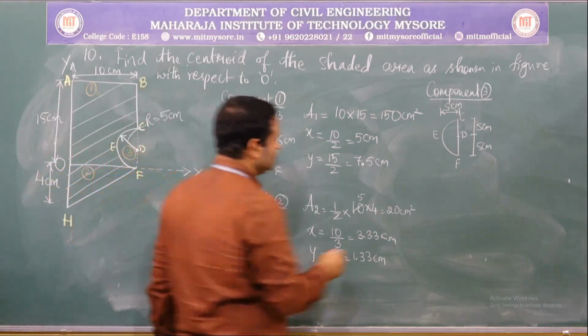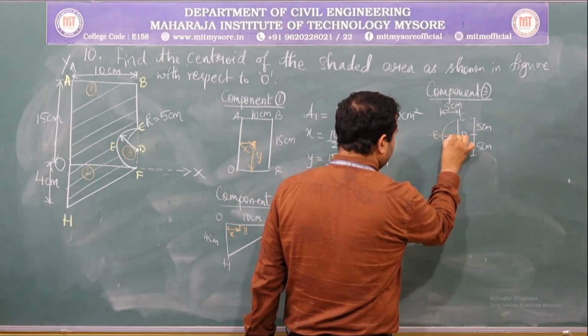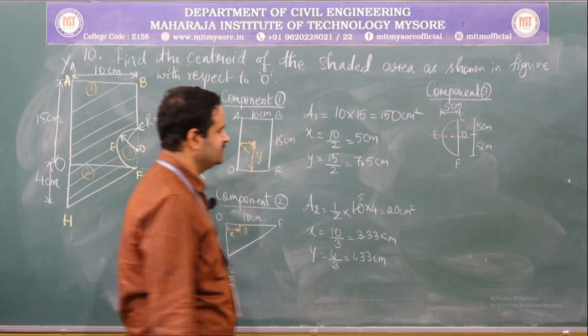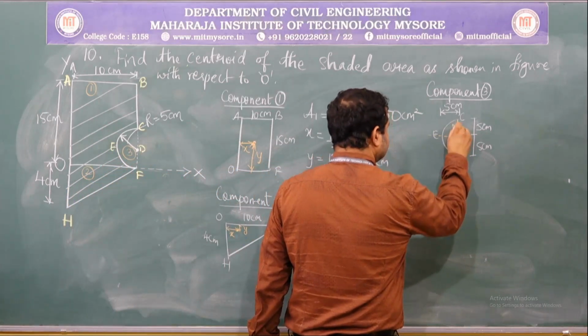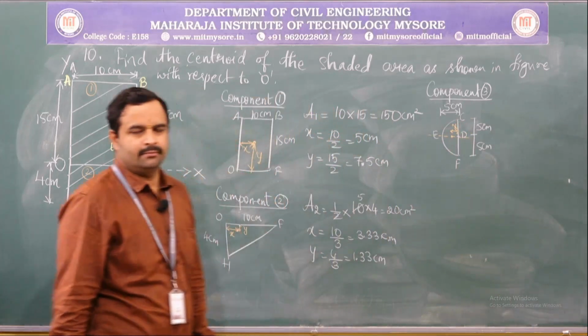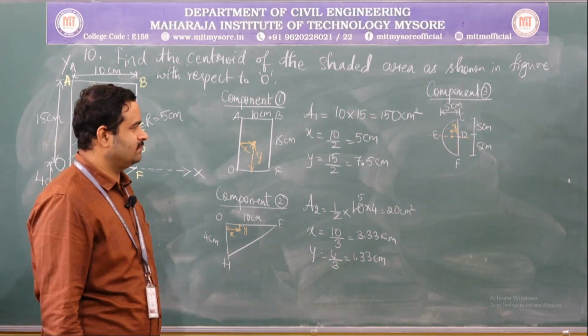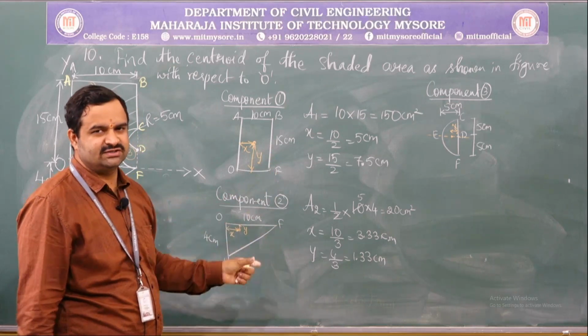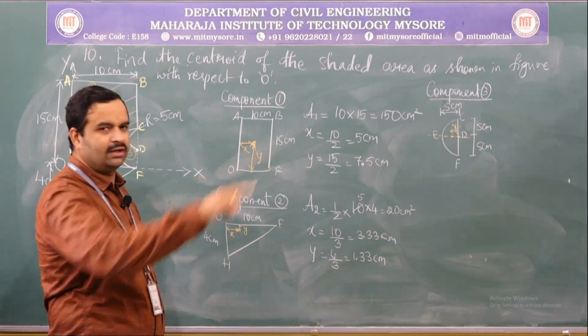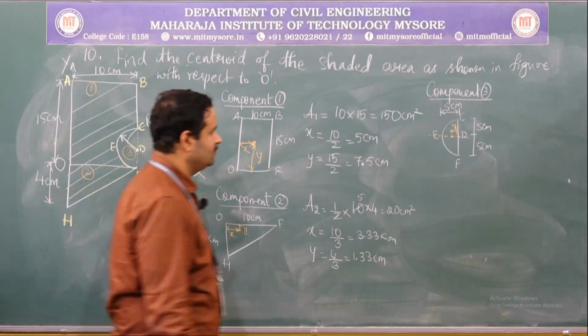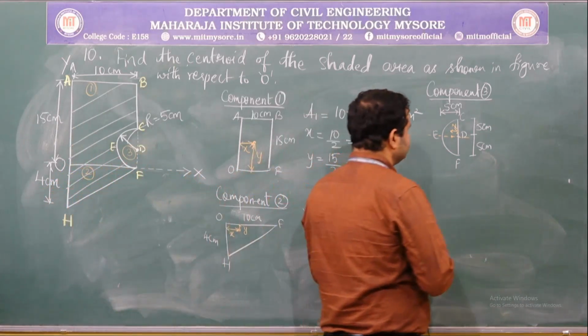That is why the centroid of this semicircle will lie at a distance of, say, x. It is not y, it is x, because the orientation is changed. Y component of that is absent because it is symmetrical about the x axis. Now, write the area.